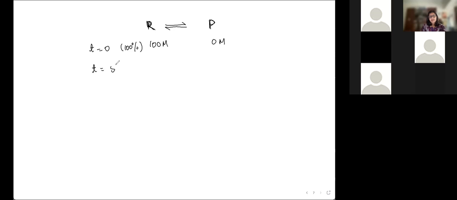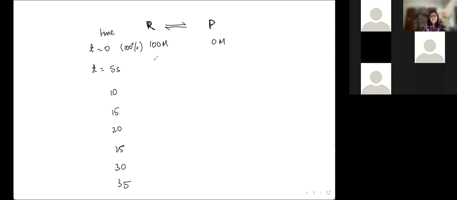T equal to 5 seconds, then 10 seconds, then 15 seconds. So all of this is time. 20, 25, 30, 35 seconds. Let's say I started measuring every 5 seconds what is the concentration of the reactant and what is the concentration of the product.